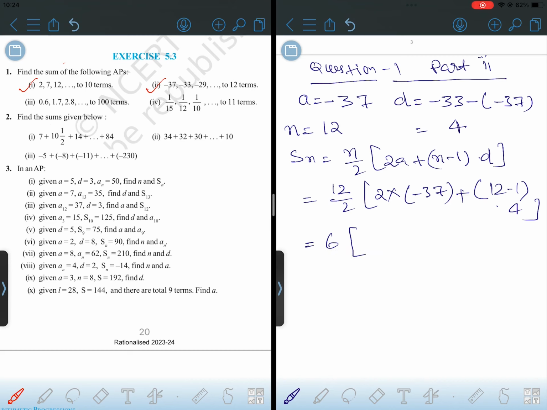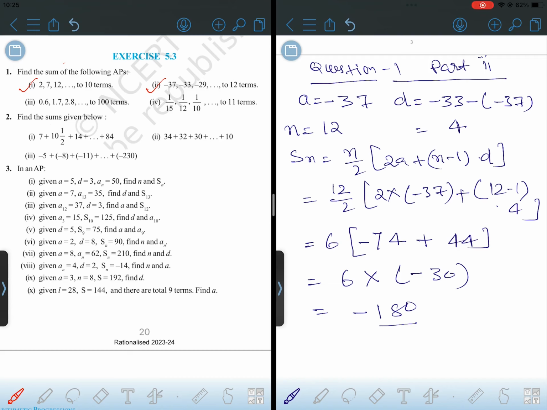We have a minus sign here, so minus 74 plus 11 into 4, that is 44, right? So now when we solve this, it is 6 into minus 30, and that gives you the answer as minus 180, right?